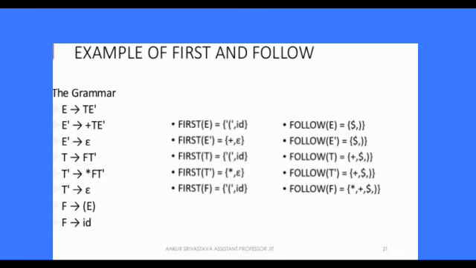So F has open parenthesis in the first line, that's why open parenthesis is taken, and the next F value is ID, that's why open parenthesis and ID are here. This is the way to solve the first problem, or first function.